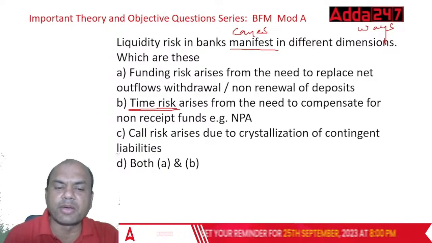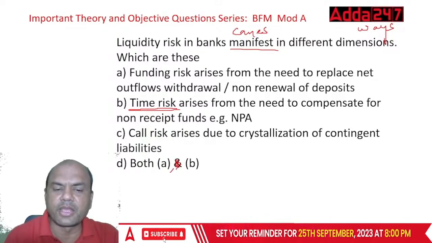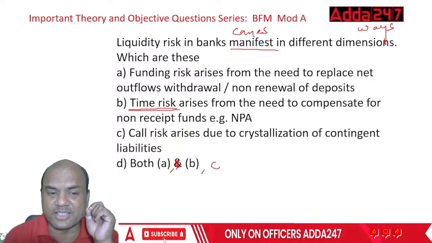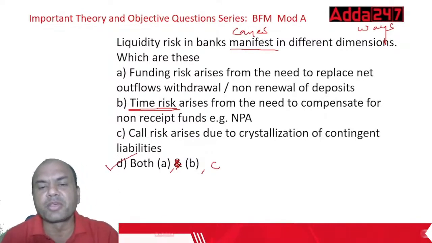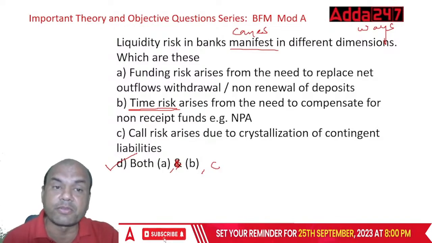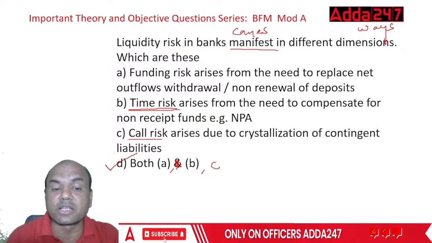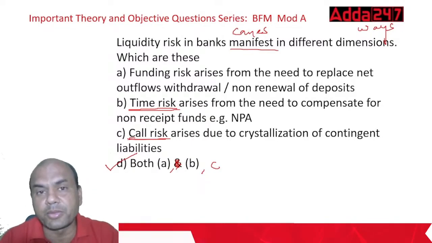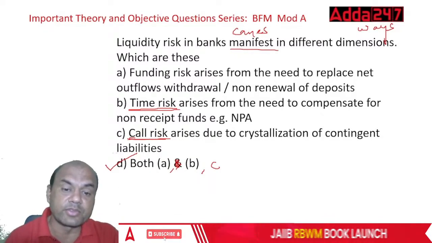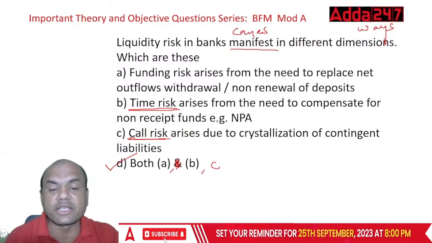Both A and B. Okay, I'll mark it like this: A, B, and C. That is the best answer. Funding risk is to replace the net outflow, that is correct. Time risk is for compensating the non-receipt of funds, that is also correct. And call risk is also a type of liquidity risk, because if tomorrow there is a huge bank guarantee to be paid by you, then from where will you get the urgent funds? So actually it's A, B, and C.